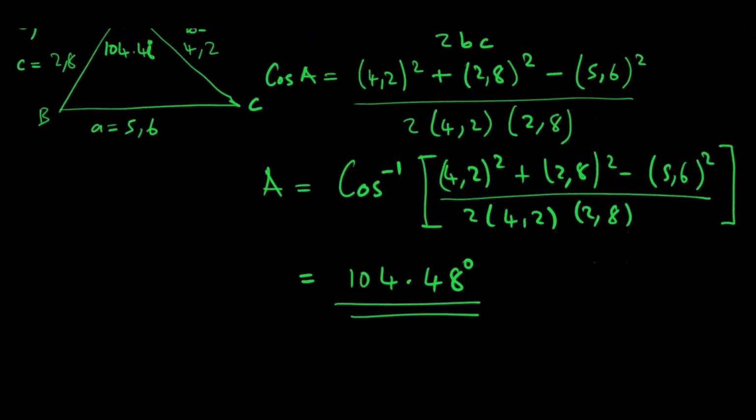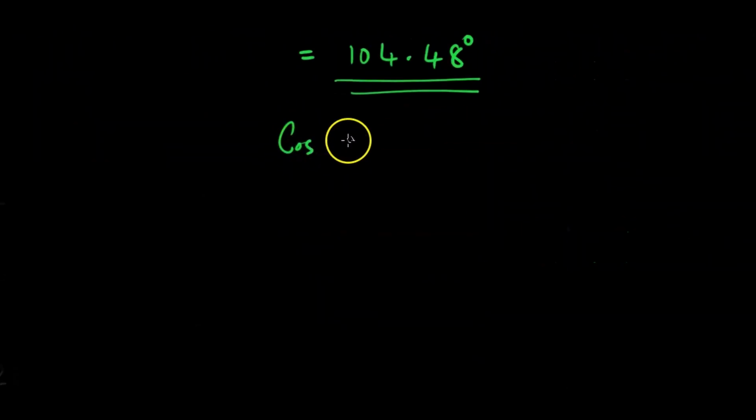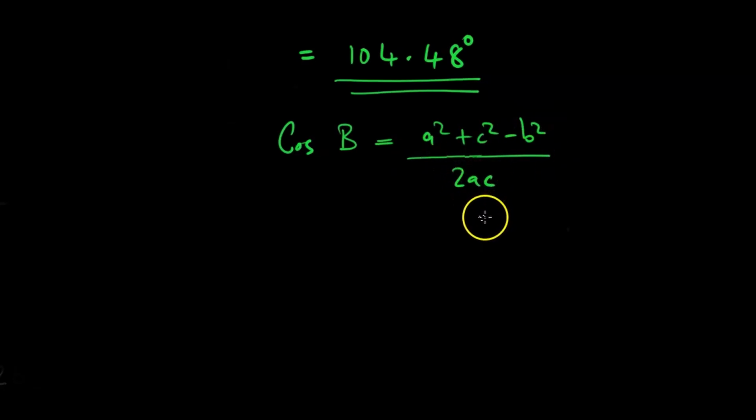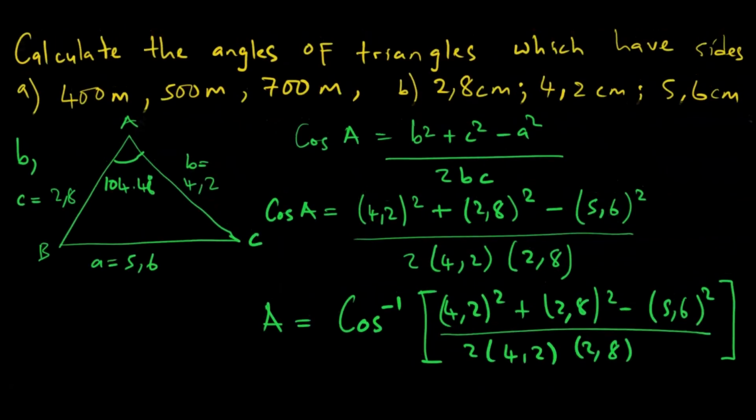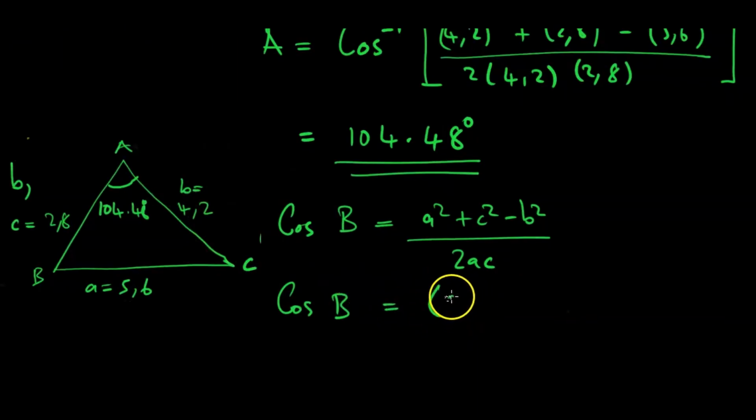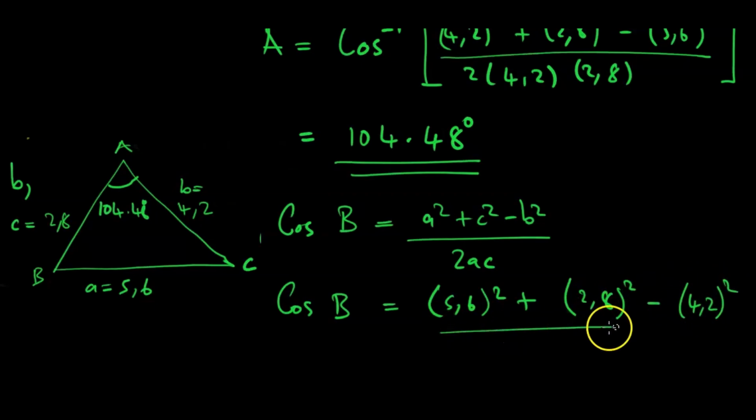Ngatitsvagei b. Saka the cos of b inenge iri equal to a squared plus c squared minus b squared over 2ac. Saka takuda kuziva manje isusu kuti a ndiani, c, b ndiani. So looking at our triangle, a it's 5.6 squared plus c 2.8 squared minus 4.2 squared dividing 2 multiplying 5.6 multiplying 2.8.